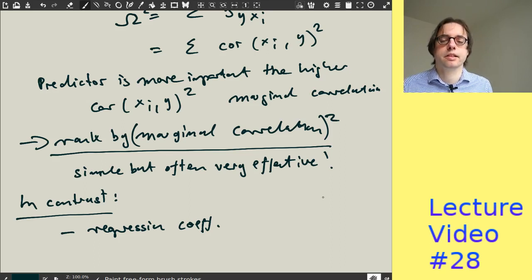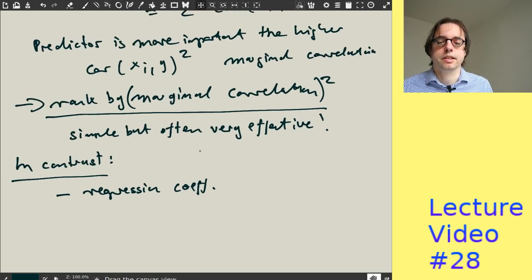Because they incorporate the scale, they are not suitable for determining relative importance. For instance, when you change the units, the regression coefficients will change, and of course changing the units will not make the variable more or less important. It's just that the units have changed.